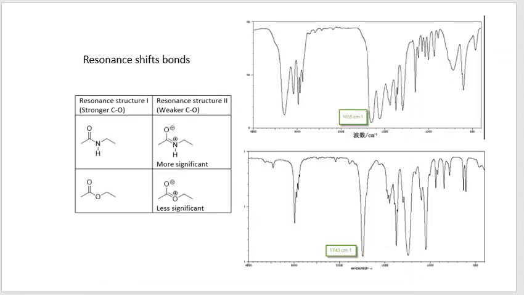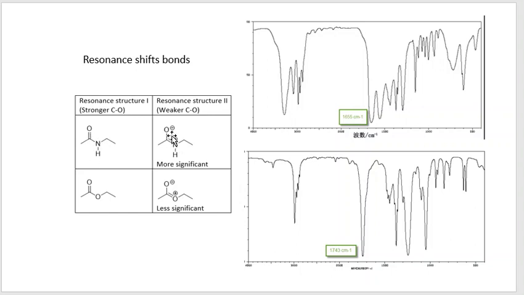So let's look at a few more subtle pieces about the IR. One is what happens when you have resonance in your functional group. If we compare the spectra of the ester and the amide that are shown here, for the amide, the resonance structure where there's a carbon-nitrogen double bond is more important, more significant, than the structure on the left.